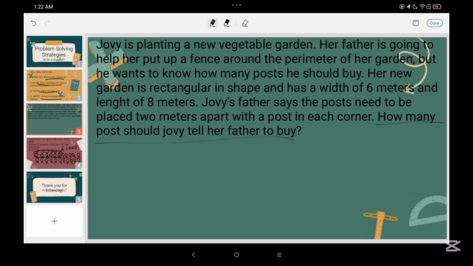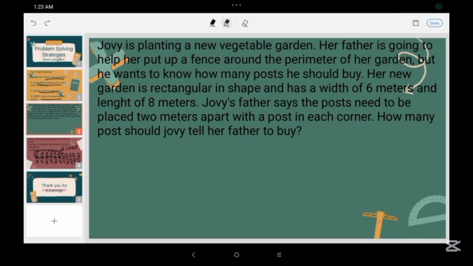So we found it right at the end of the sentence. Jovi wants to know how many posts her dad is gonna need to pick up. Her dad wants to know how many posts do I need to buy, so that's our question. The new garden is rectangular in shape, so let's draw a rectangle.